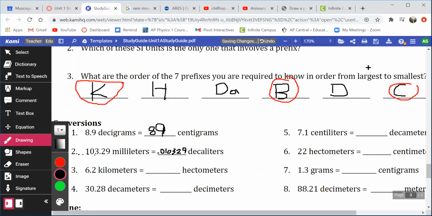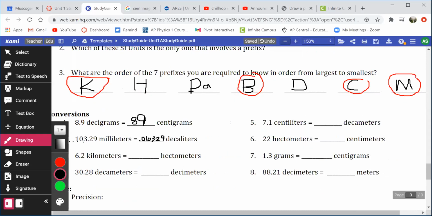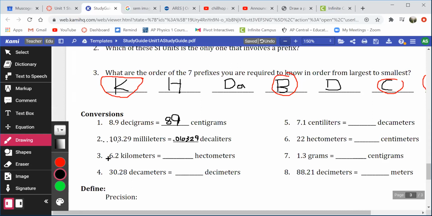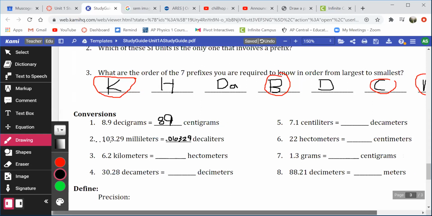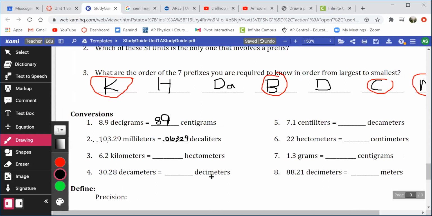So in the same mindset, let's go ahead and talk about our number 3 right here, which is 0.62 kilometers. All right, who wants to help me out?